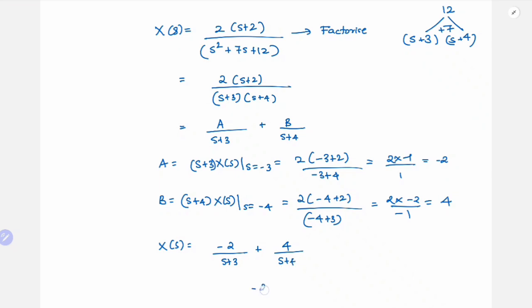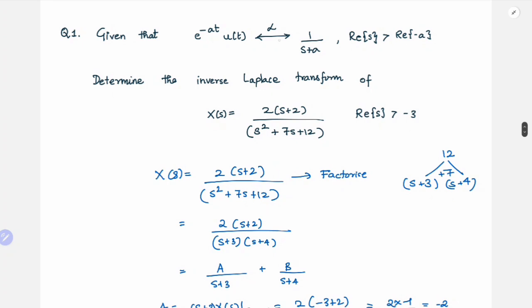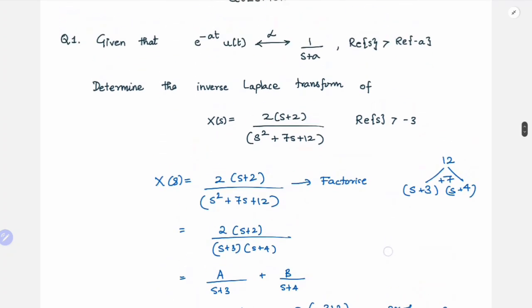So quickly we can cross check also. Plus 4s plus 12. So this will give me 2s plus 4, which is nothing but 2 into s plus 2. So it is right. So once we have found this, we just use the inverse Laplace transform they have given.